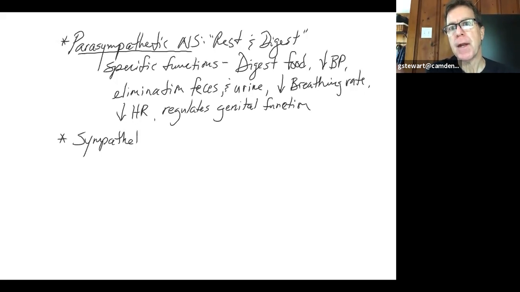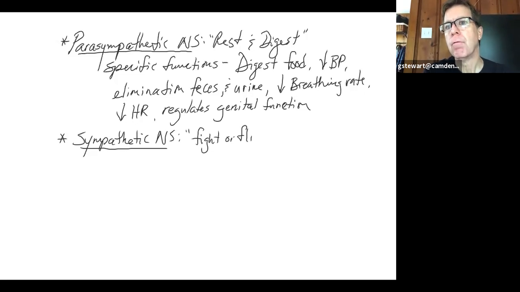So the sympathetic nervous system is known as the fight or flight system. The reason it was given this name, and all textbooks call it this, is that this subdivision of the nervous system evolutionarily is designed to save our lives. It sets off all sorts of life-saving mechanisms when we are truly stressed.